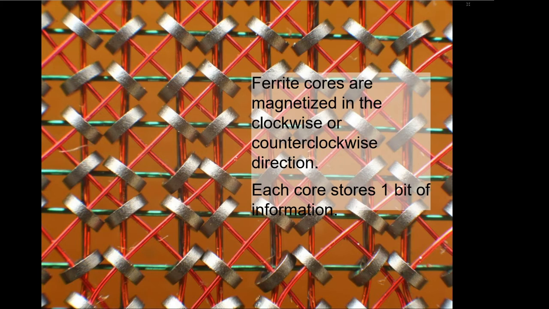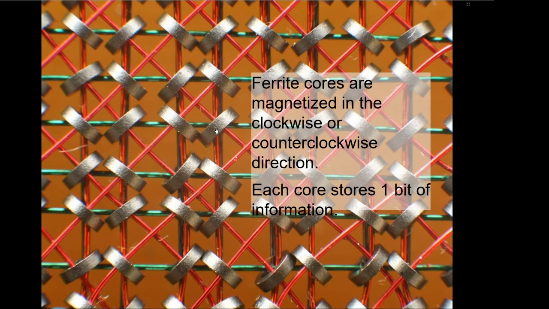And by passing a current through these wires in different combinations, so if you pass current through this row, for example, and this column, what will happen is you will magnetize this piece of iron, and by making it magnetized, you can later read which cores are magnetized, and so you had a way of saving information using these chunks of metal.